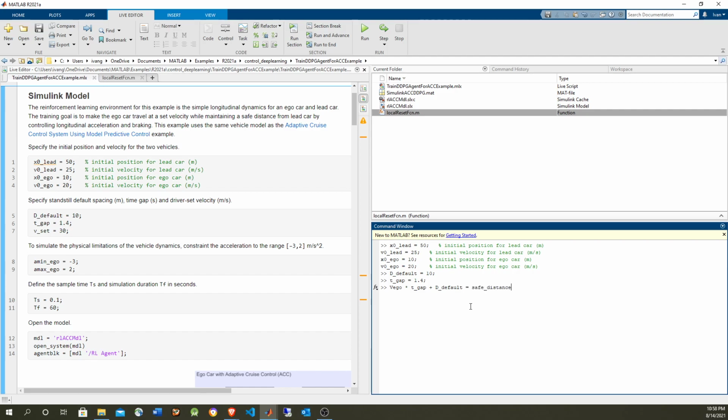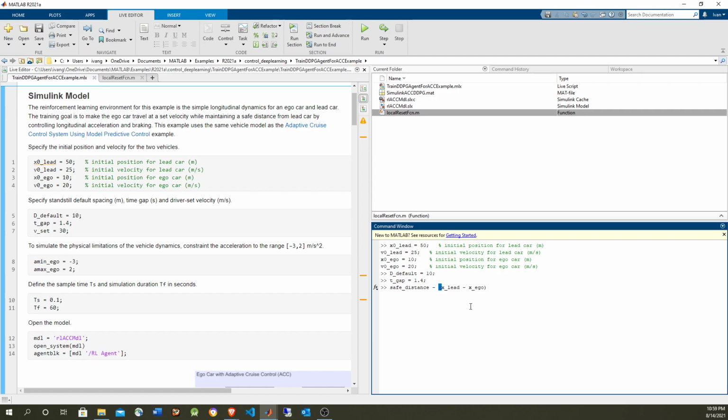These variables are used for that, and this safe distance is subtracted by the relative distance. The relative distance is x ego lead minus x ego.